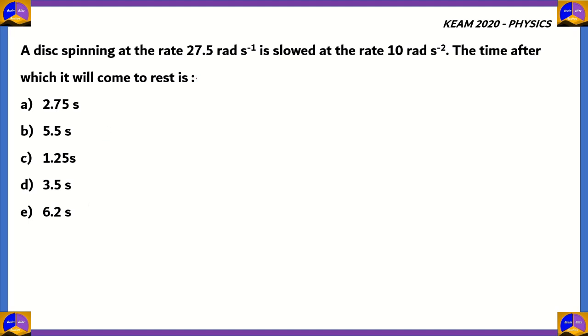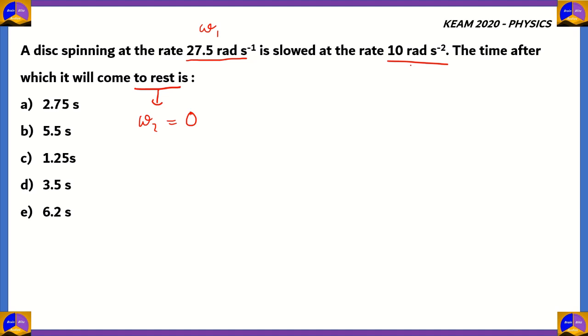Well, we know that omega 1, the initial angular velocity, is 27.5 radians per second. The question also tells us that omega 2, the final angular velocity, will be equal to 0.